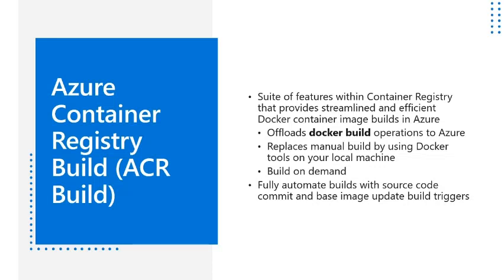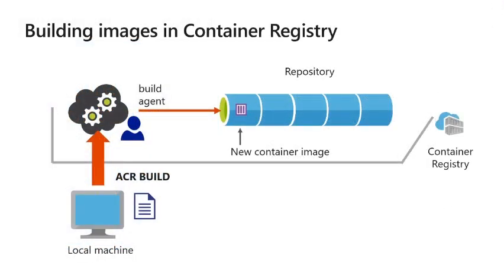It offloads Docker build operations to Azure, replaces manual builds by using Docker tools on your local machine, and lets you build on demand. And then you can fully automate builds with your source code commit and base image update build triggers. So you can use it in CI/CD.